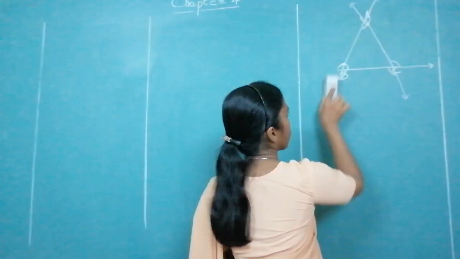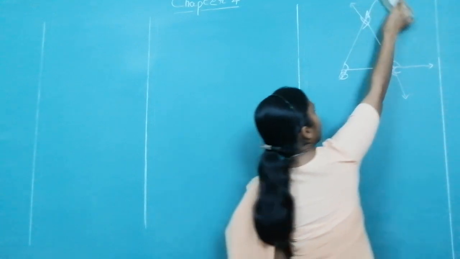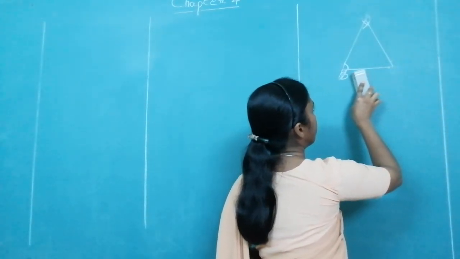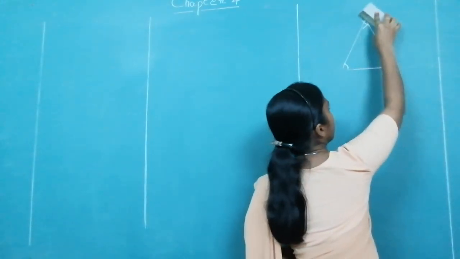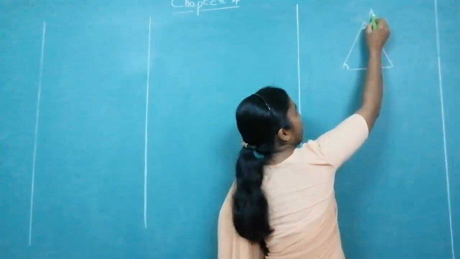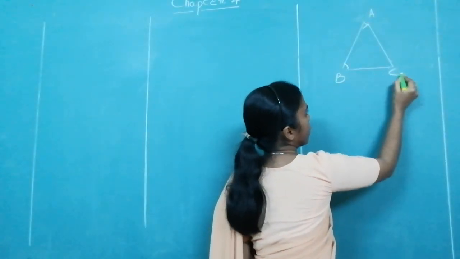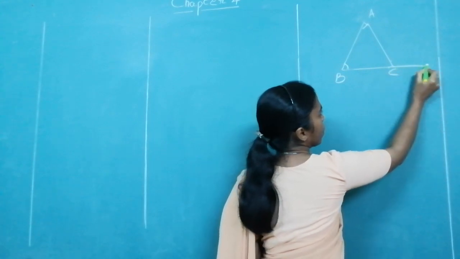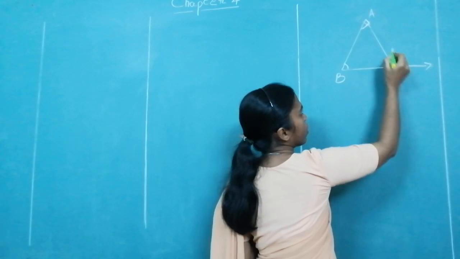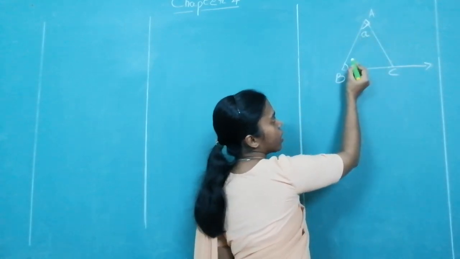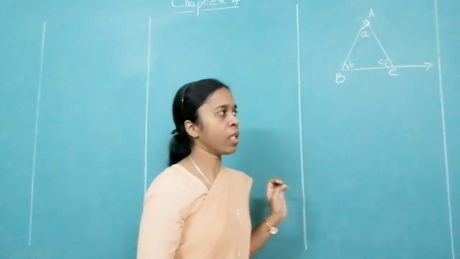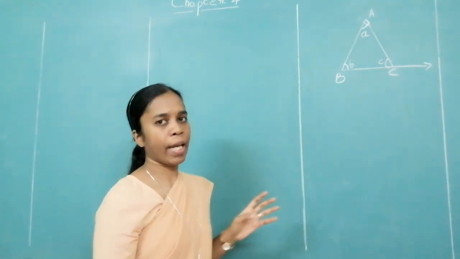Now, let us look at only one. We have this triangle as A, B, C. Looking at this exterior angle, suppose I name the measure of this angle as A, this as B and this as C. These are the measures of the angles.